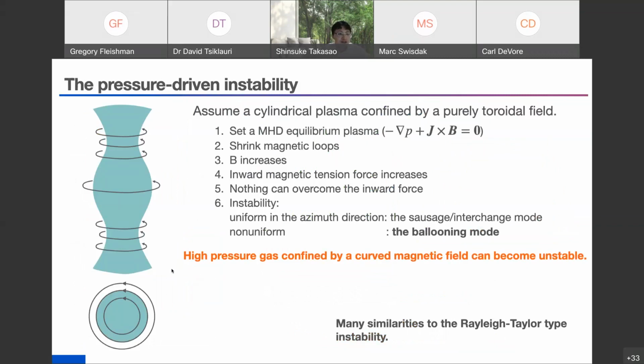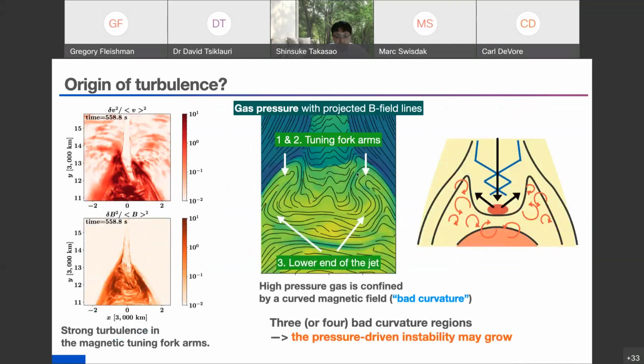The pressure-driven instability is an interchange mode instability. If the plasma is confined by the toroidal field, it can easily become like this. And this structure is quite similar to the region here.